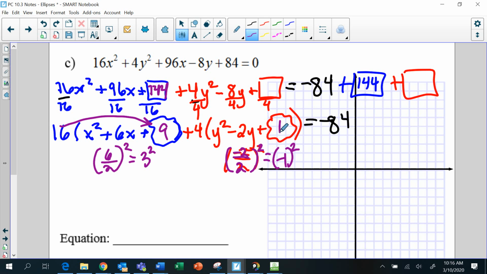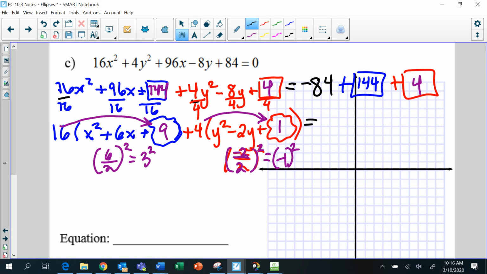But 1 is not what goes in the square. You have to distribute that 4 back in. So what goes in the square? 4. So over here, I'm actually adding 4 to the other side.